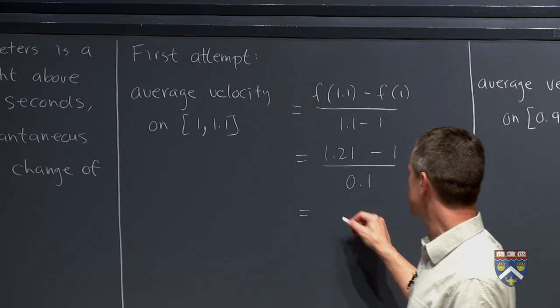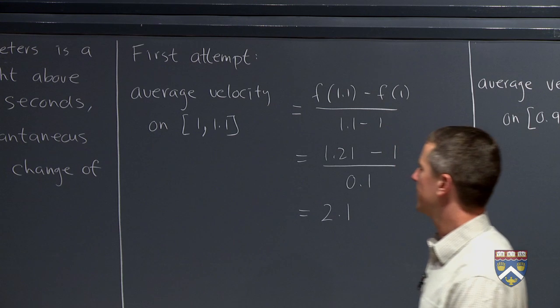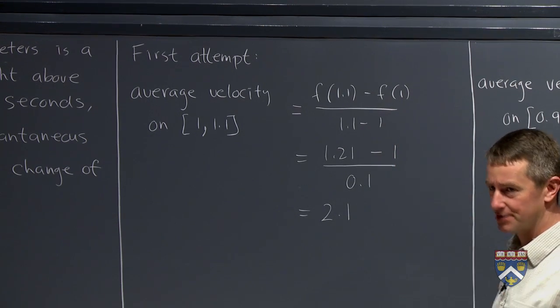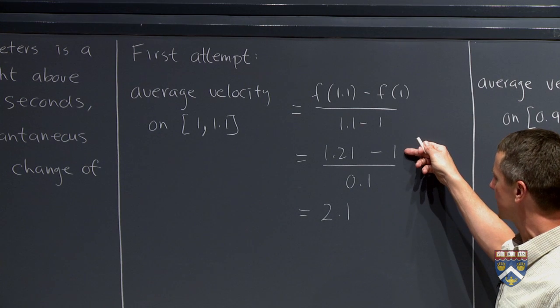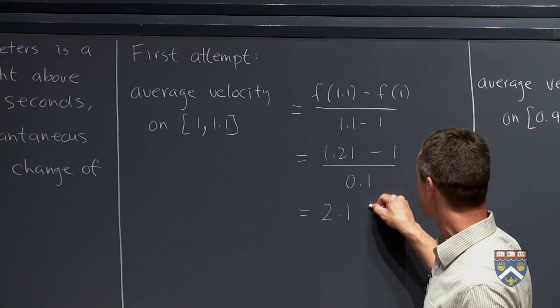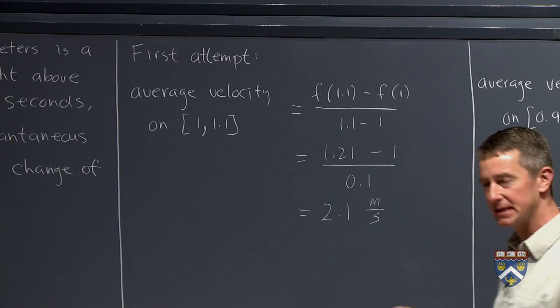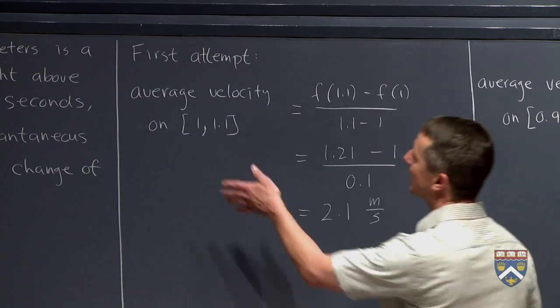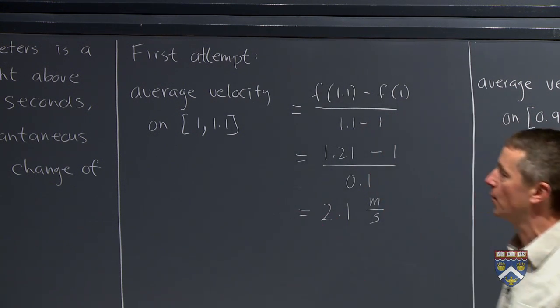So 0.21 over 0.1 is 2.1. And we should check to make sure the units are reasonable, in case we got the fraction upside down or something like that. The units on top are meters, the units on the bottom are seconds, so meters per second, which is exactly what you would expect for a velocity. So we could make a guess. We could say it's probably about 2.1.